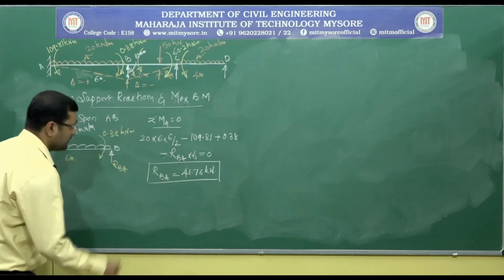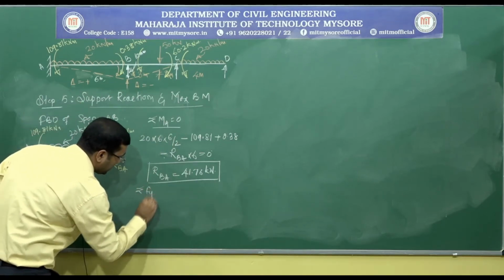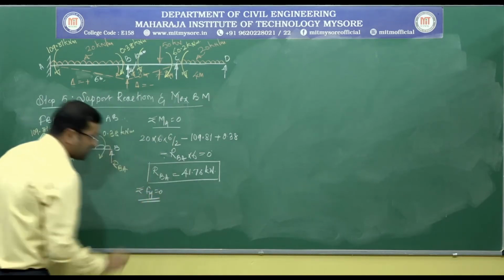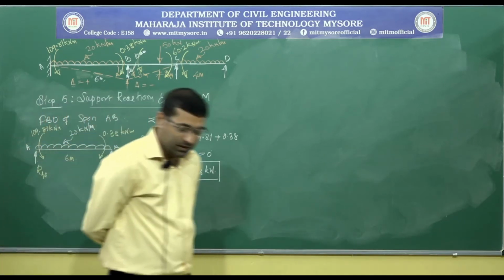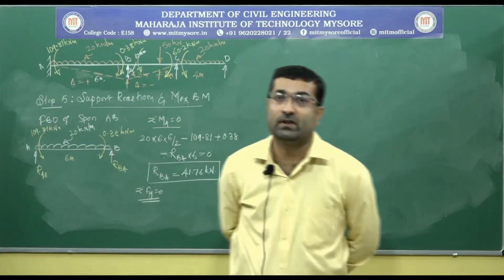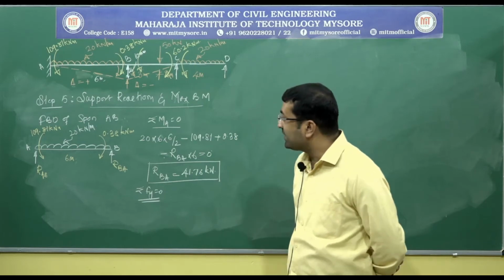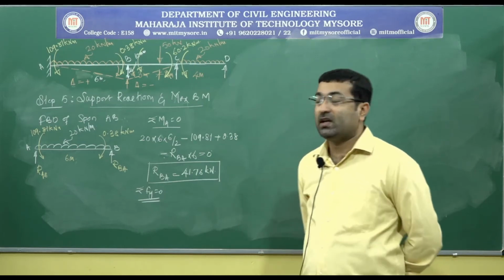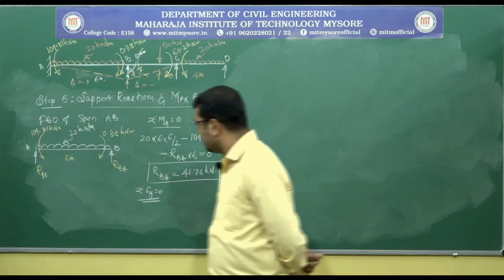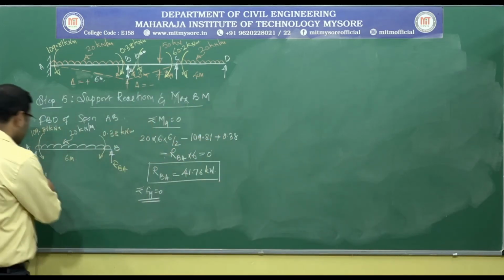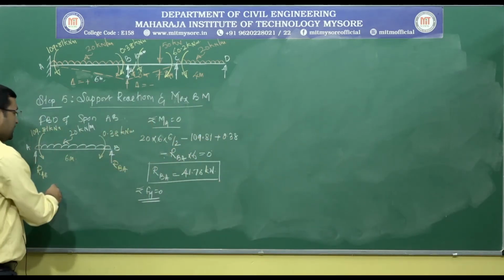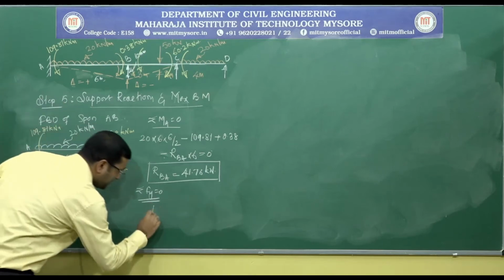Similarly, I need to impose one more equilibrium condition, that is algebraic sum of vertical forces must be equal to 0. If I impose this equilibrium condition, then I will get another support reaction RAB. So, here you can see RBA and RAB, they are acting vertically upwards.